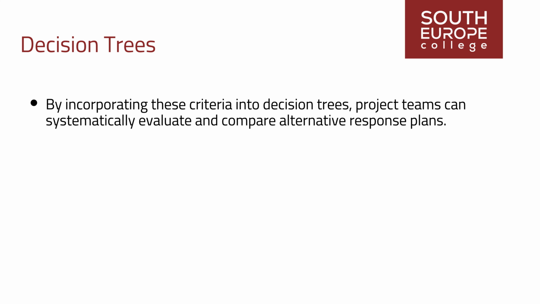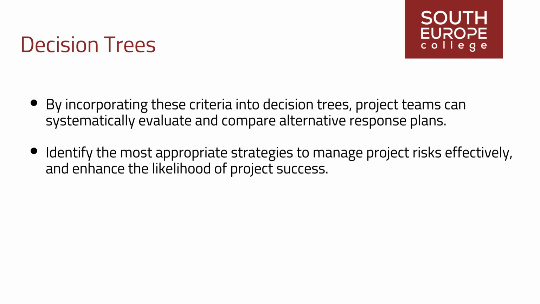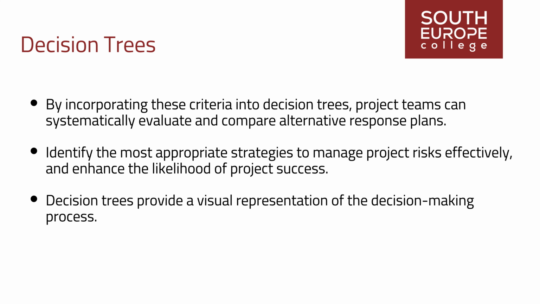By incorporating these criteria into decision trees, project teams can systematically evaluate and compare alternative response plans, identify the most appropriate strategies to manage project risks effectively, and enhance the likelihood of project success. Decision trees provide a visual representation of the decision-making process, enabling stakeholders to understand the trade-offs between different response options and make informed choices to safeguard project objectives.